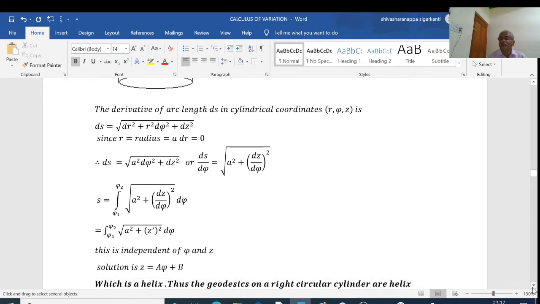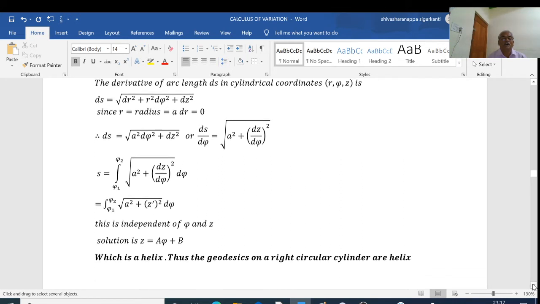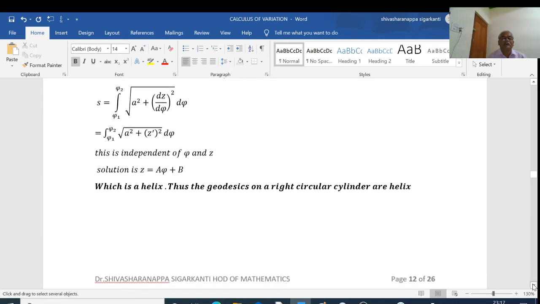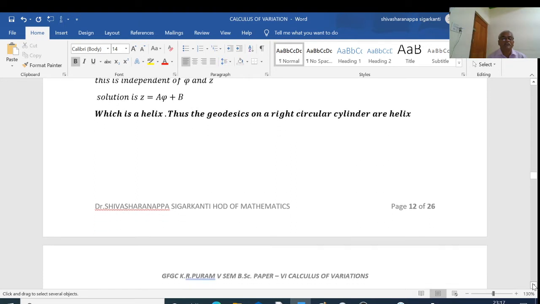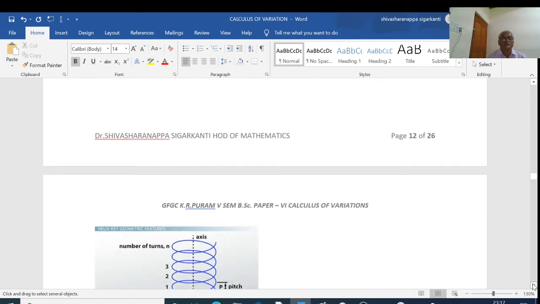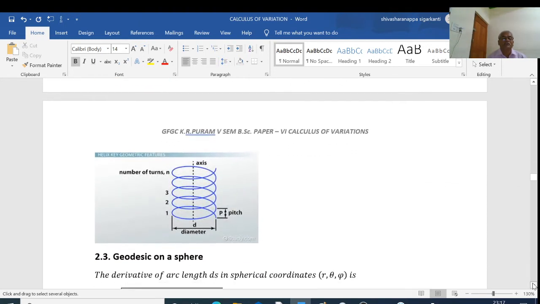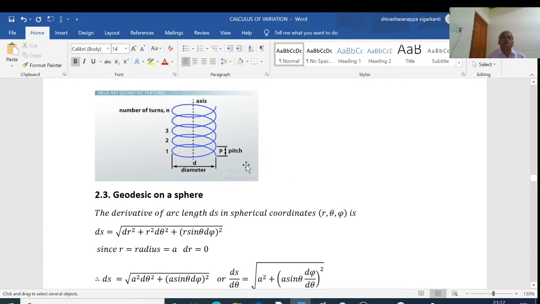Helix is the geodesic on the right circular cylinder, and the image of the helix is like this. If A and B are any 2 points along this curve, the distance between these 2 points is a minimum.